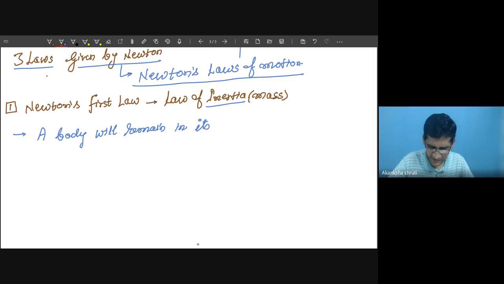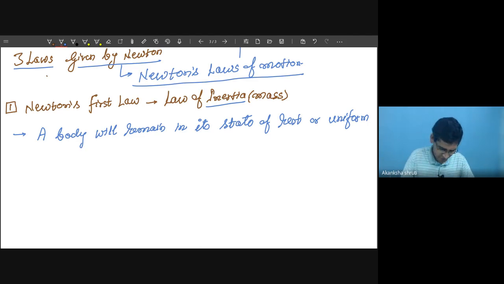Students, uniform motion means speed is the same. So speed is constant, or with constant speed.